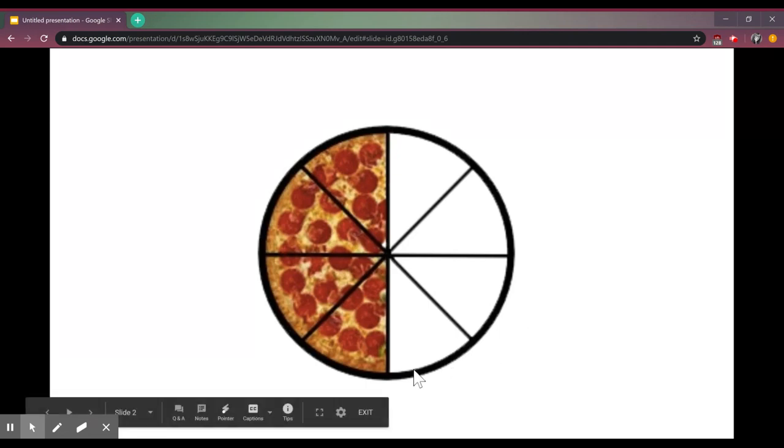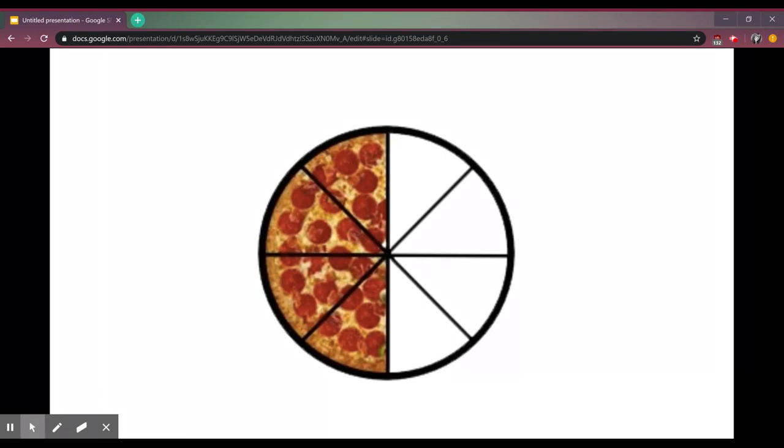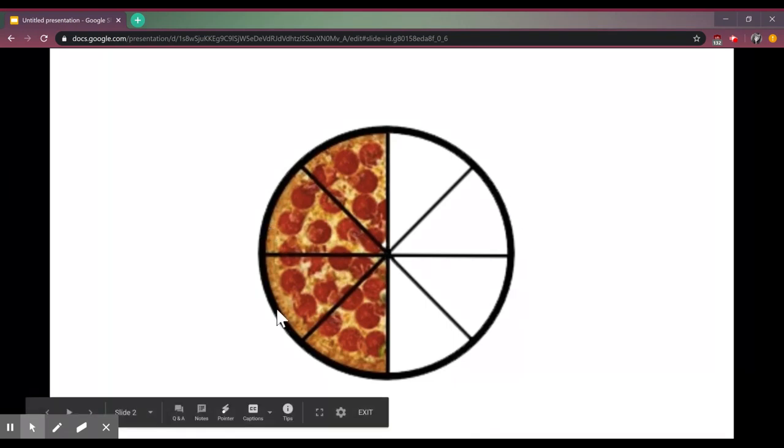So a fraction is a part of something that comes from a whole thing. So when we look at this pizza, if I were to take a slice out, like there's 4 slices missing here, each of these slices is a fraction or a part of what the whole pizza once was.